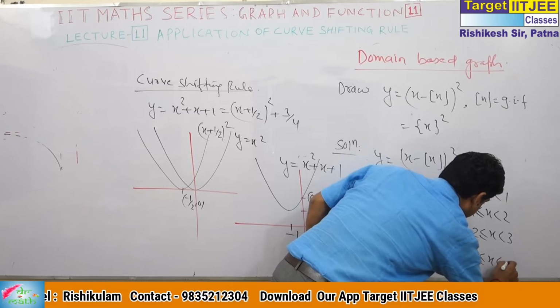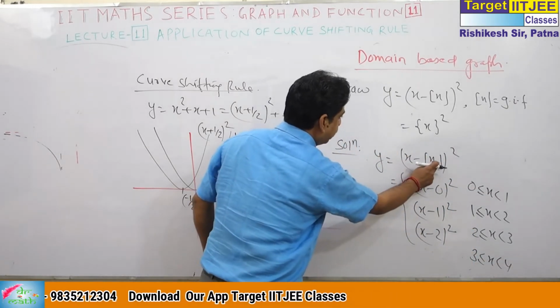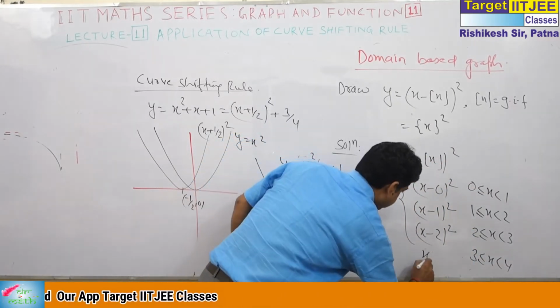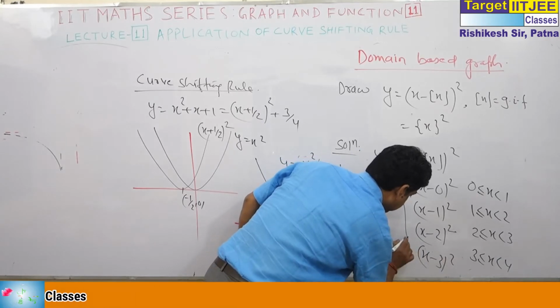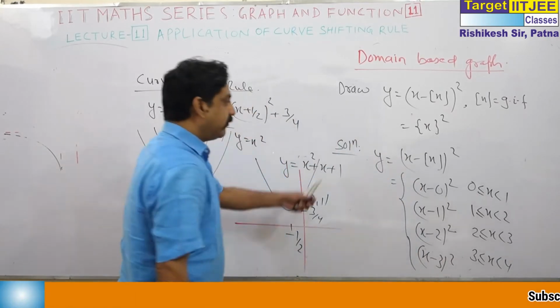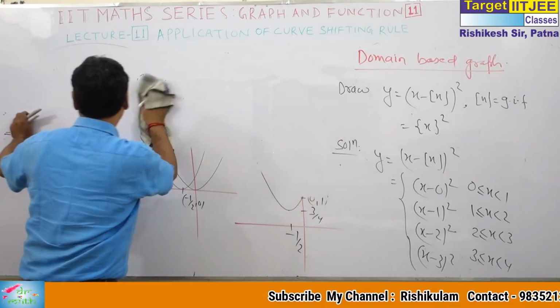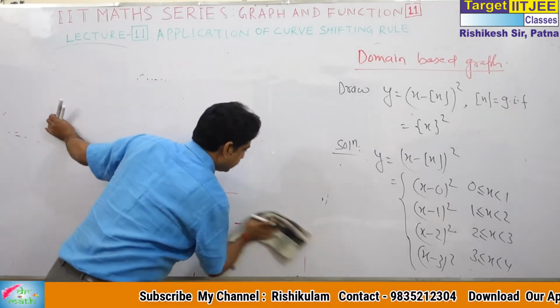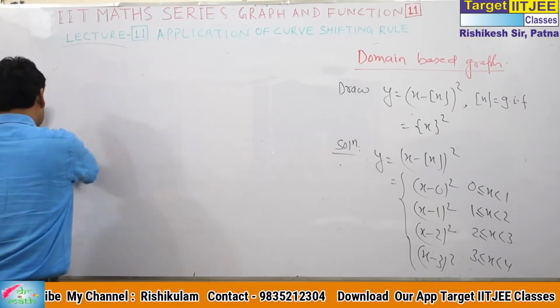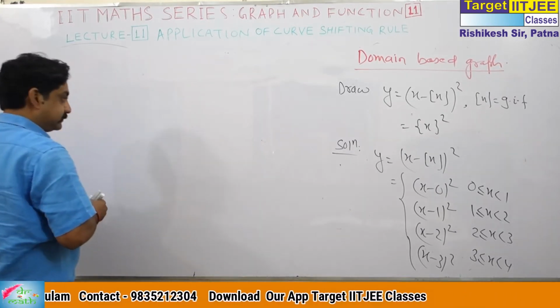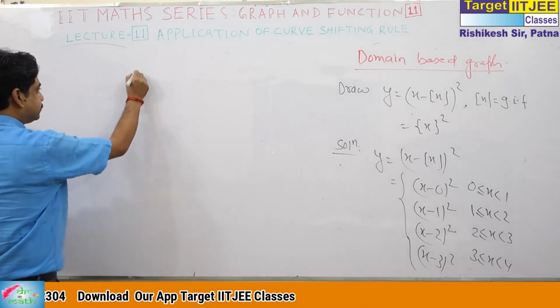When x lies between 3 and 4, the greatest integer part is 3, so this is (x - 3)², and so on. So we draw the graph of this using the curve shifting rule. How? Very easy. Easy one but interesting one.